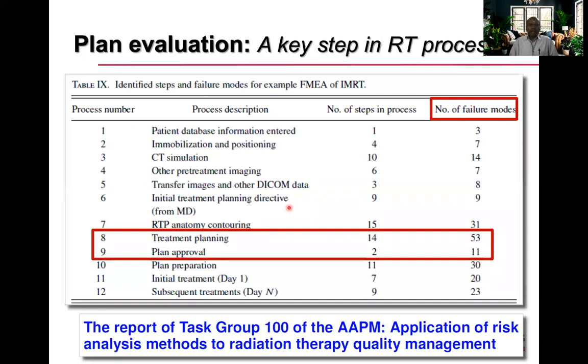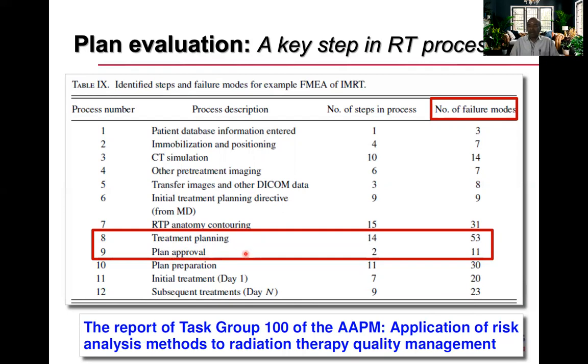Now, plan evaluation is a key step in the process of RT treatment delivery. If you look at the AAPM Task Group report 100, it gives us the number of failure modes in each of the different steps in the RT treatment delivery process. And if you look at that table, we can find that nearly one third of the total number of failure modes occur at the stage of treatment planning and plan approval.